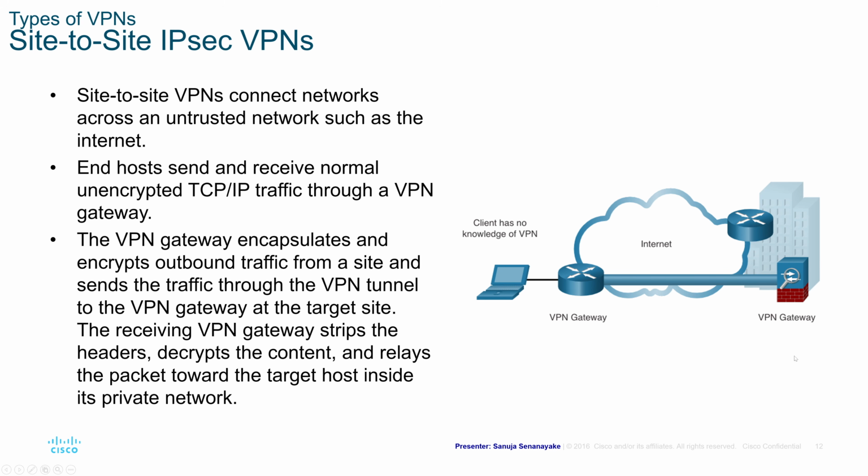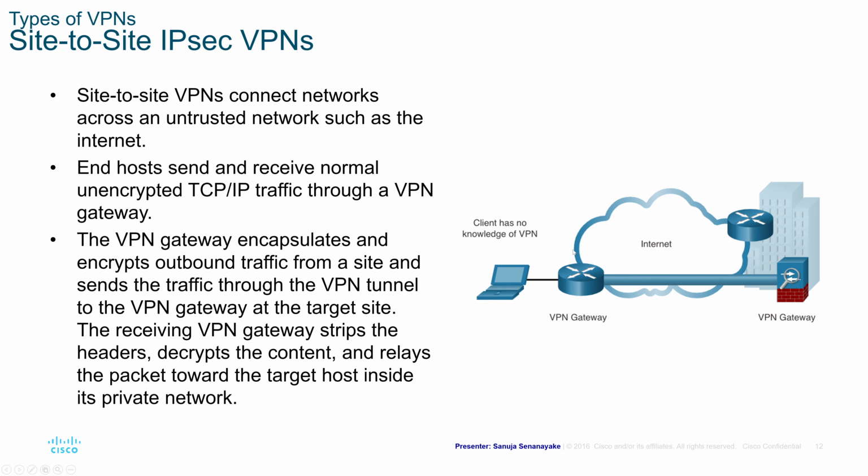So that's how site-to-site IPsec VPNs work. The hosts can send and receive normal unencrypted TCP/IP traffic through that VPN gateway. The gateway does all the encryption and decryption, so that it can communicate across the internet, as well as communicate to the devices behind that gateway.